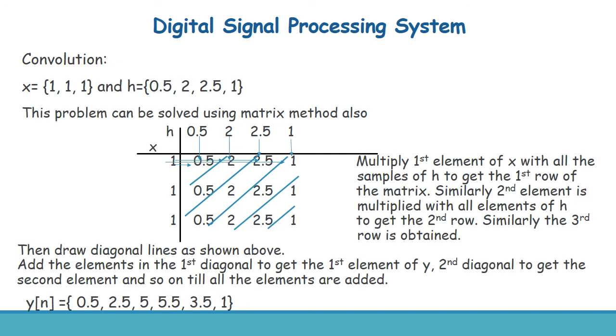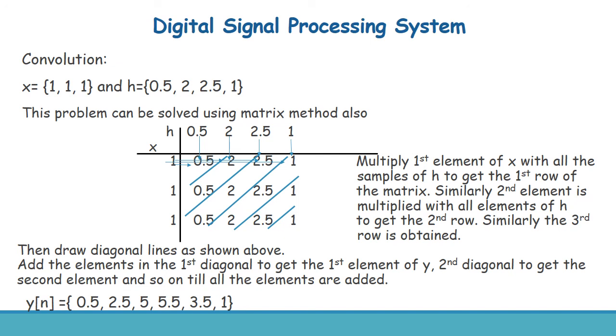So this is a much easier way to find out convolution. But again, this method also has a limitation. If your sequence length is infinite, then you can't use the matrix method or the graphical method.